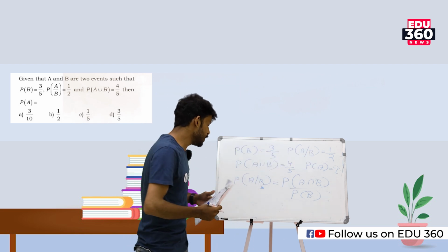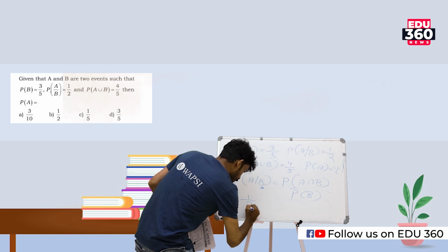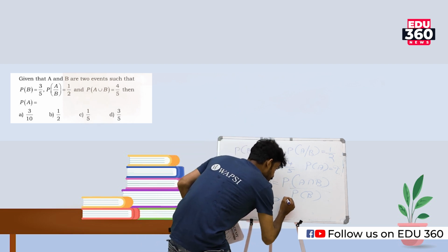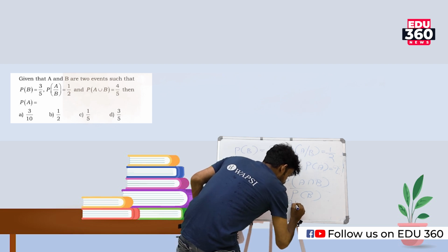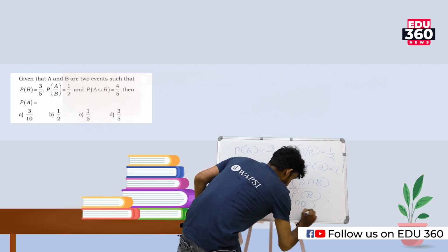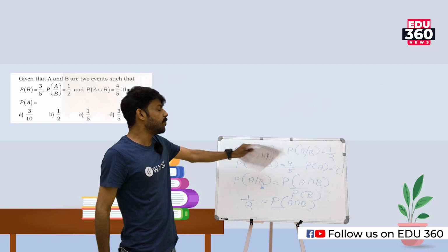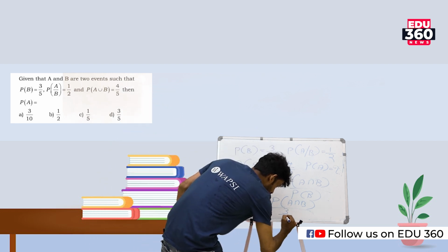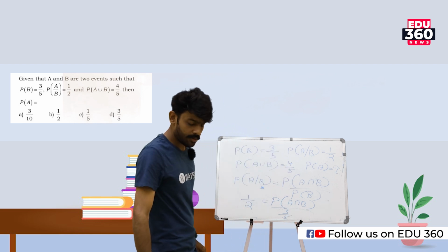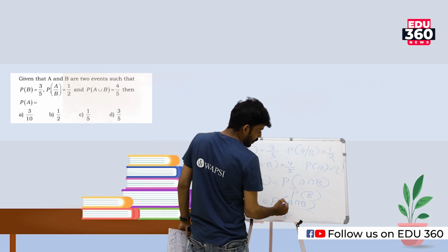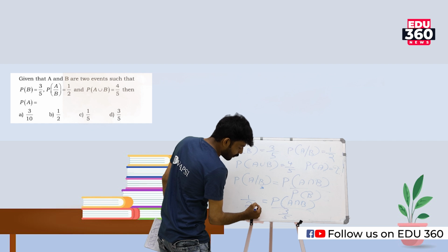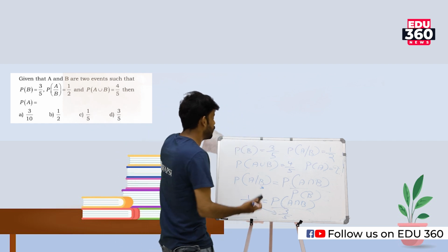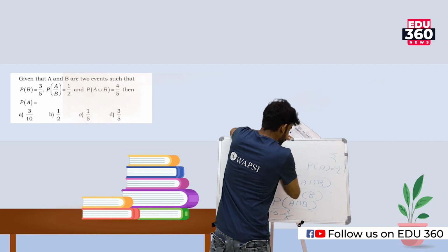The value of P(A|B) is given as 1/2, so just substitute the values here: 1/2 is equal to P(A ∩ B) divided by P(B). The value of P(B) is already given, that is 3/5. So P(A ∩ B) is just 1/2 multiplied by 3/5.